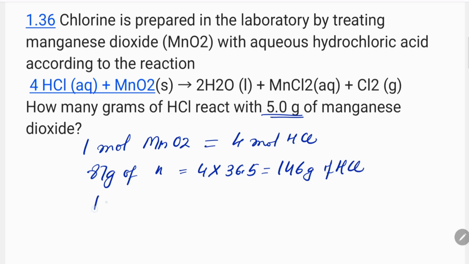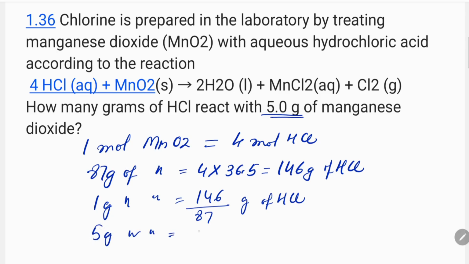Okay, so 1 gram of manganese dioxide is going to react with 146 divided by 87 gram of HCl, and we have been given 5 gram, then 5 gram of manganese dioxide is going to react with 146 divided by 87 multiplied by 5 gram of HCl, which comes out to be 8.40 gram.